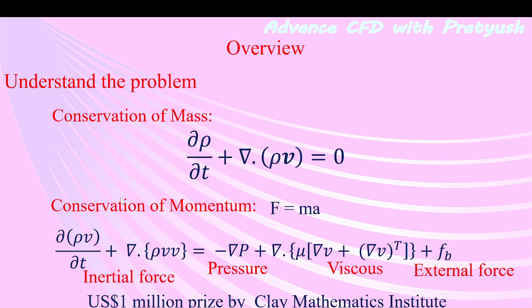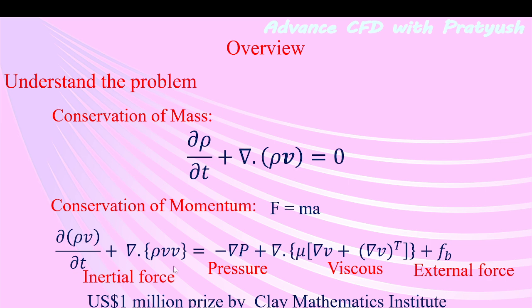And the conservation of momentum comes from Newton's second law, that is force equal to mass into acceleration. When we apply this conservation of momentum, or Newton's second law, to a control volume of a fluid, we come up with this equation that is known as the conservation of momentum. The first term is the transient term, that is del rho v upon del t.